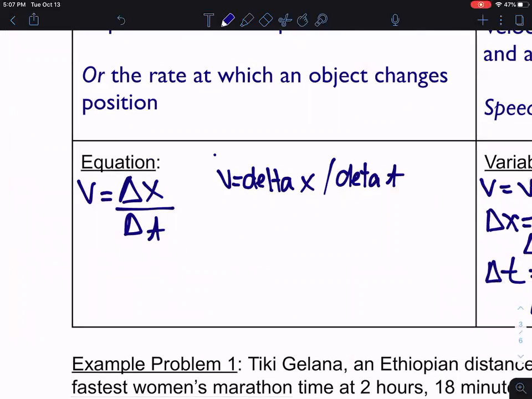And then another way to write this, if we wanted to fill it in with a little bit more detail, is that we could also write velocity equals X final minus X initial over T final minus T initial.